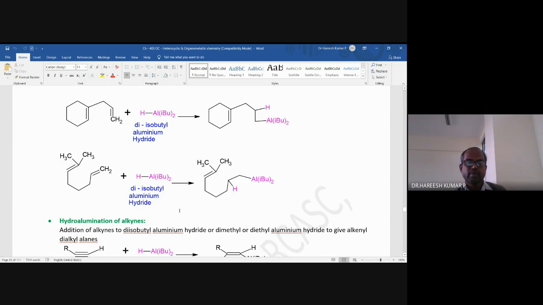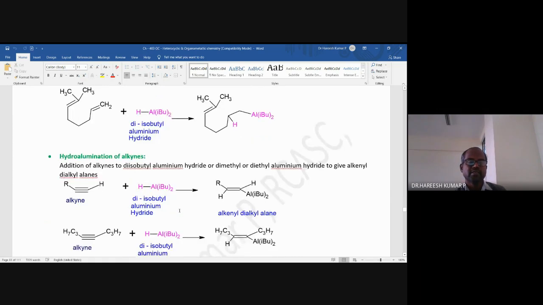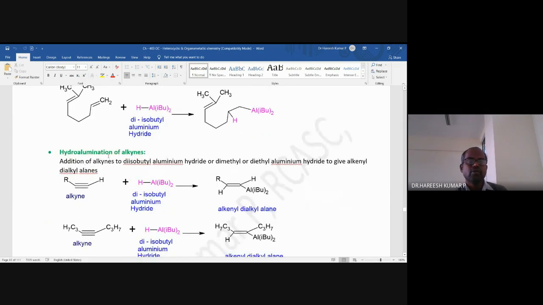So let's take one more kind of reaction, that is hydroalumination. What is happening? A hydride and aluminum, both are added to the double bond, and that is the reason we call it hydroalumination.